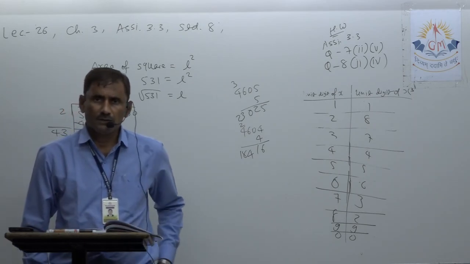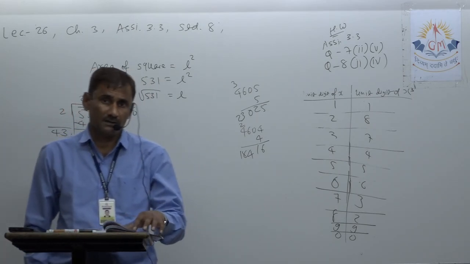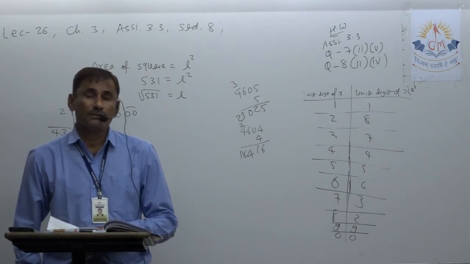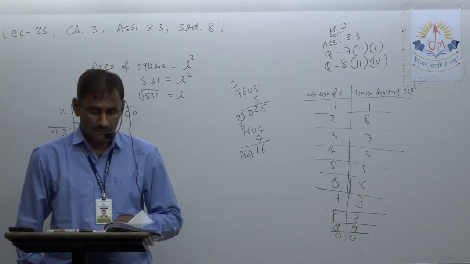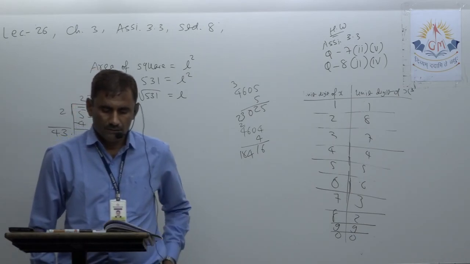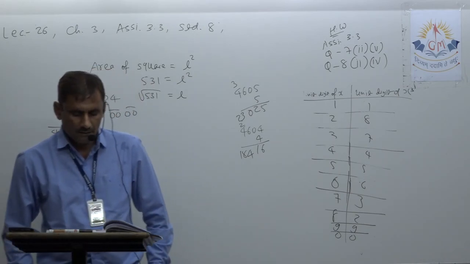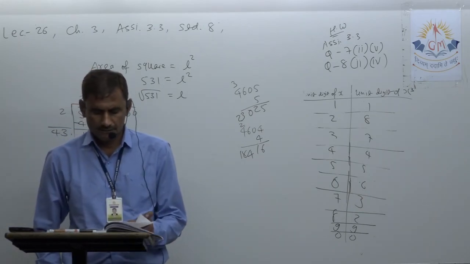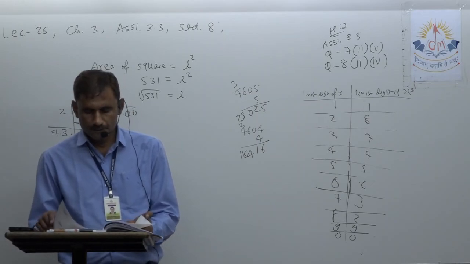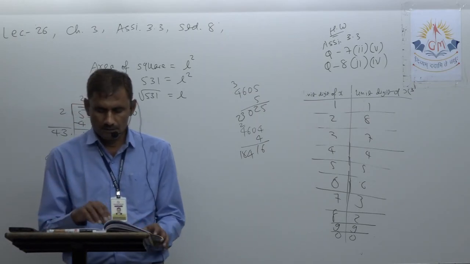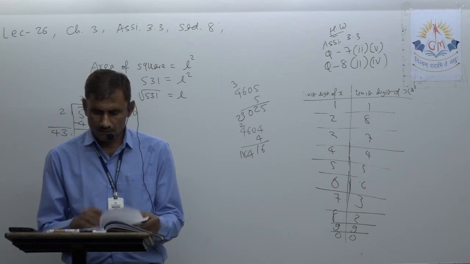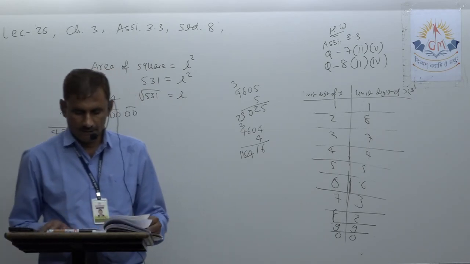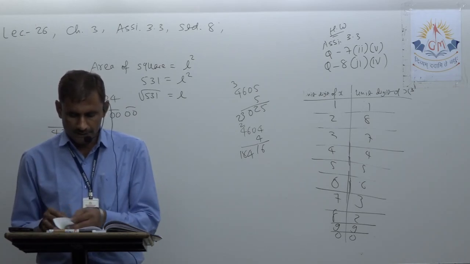Column method and diagonal method are for finding square. Now what is the method for finding square root? There are again two. One is the diagonal method and the other one is the square method. So these two methods are given.